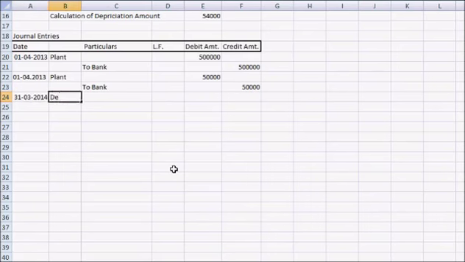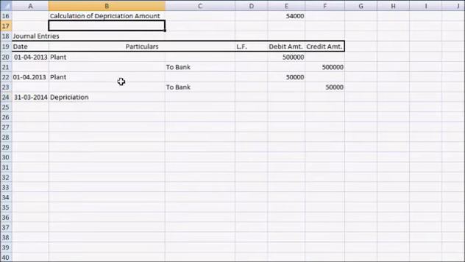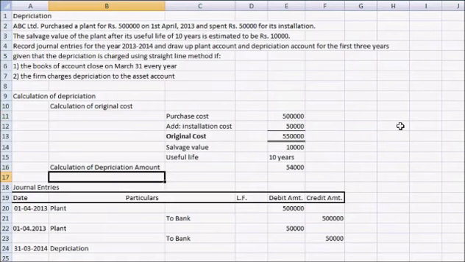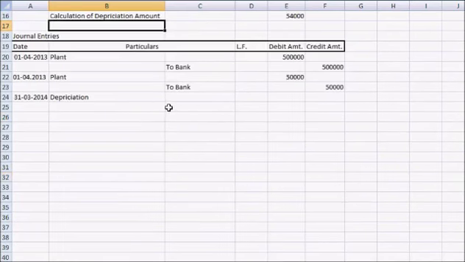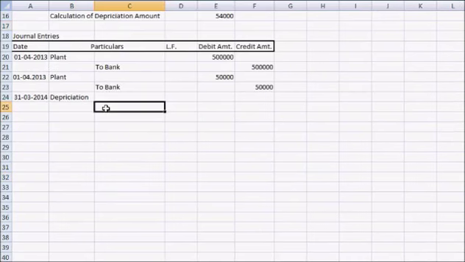The entry would be depreciation to plant account.